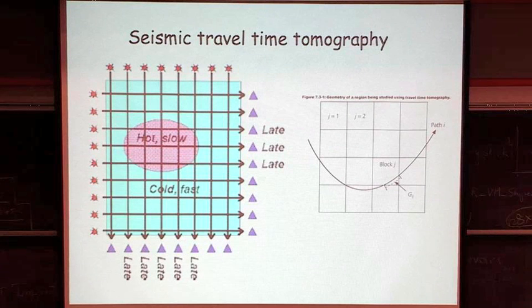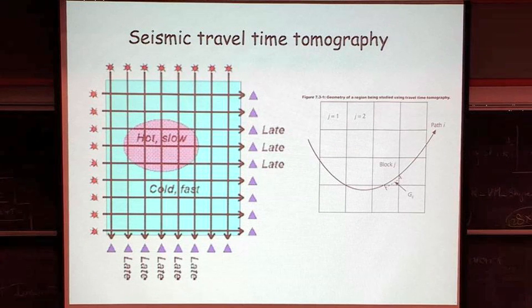And you can see that if you have a dense enough network on both sides, if you look first at those horizontal ones, if your travel path goes through the anomaly, the arrival of the wave will be late compared to what it is in the background model. And so with this distribution of receivers, you can tell that you have some anomaly in this region.